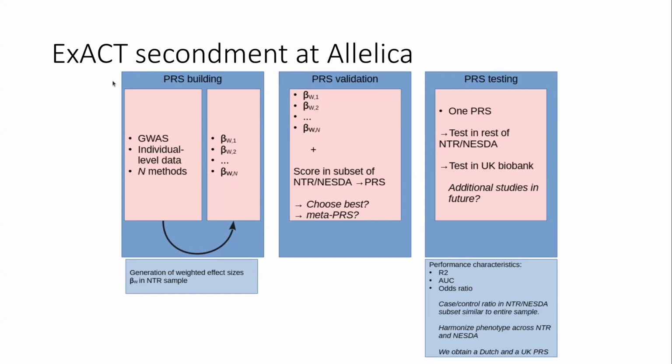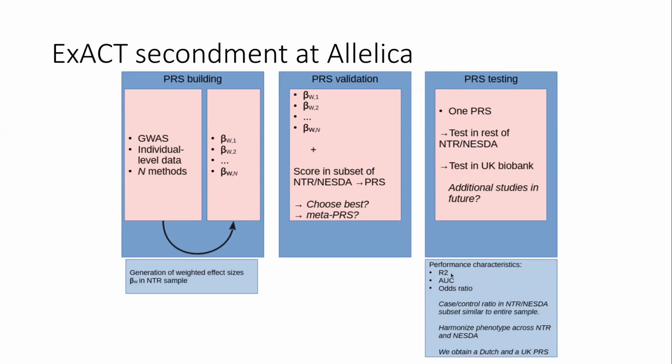We generated weighted betas from which we calculated PRSs, and then we tried to validate these PRSs by several performance characteristics over here. So maybe explained variance, area under the curve in receiver operating characteristic analyses, and maybe odds ratio. We're still working on that.